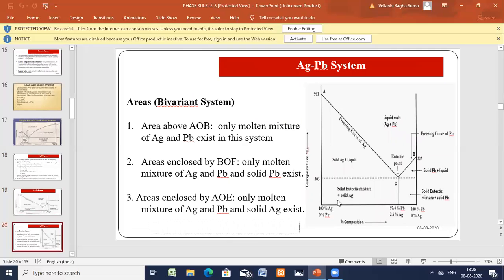Now, first we'll see the areas on the curve. Areas are bivariant. Take area AOB.